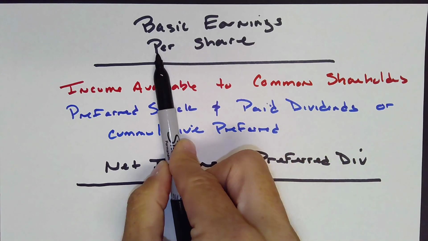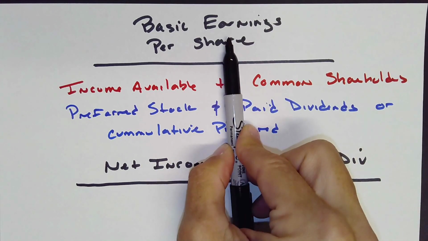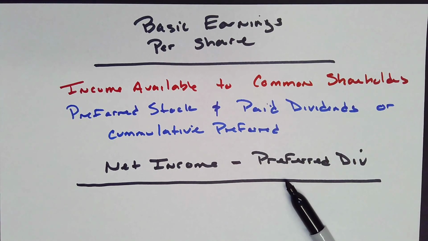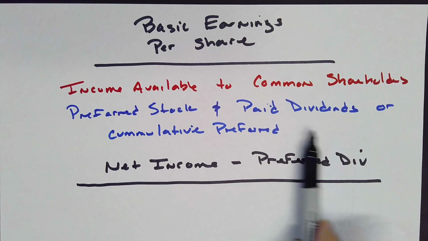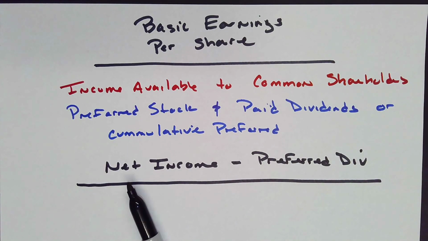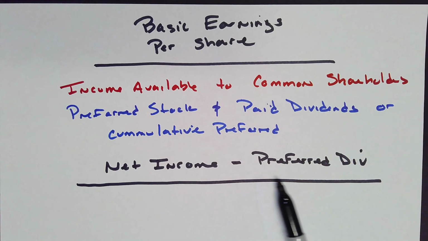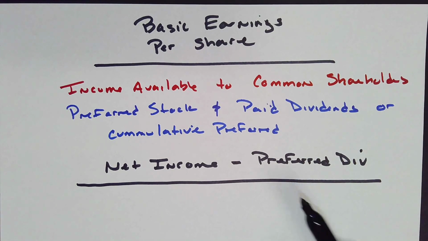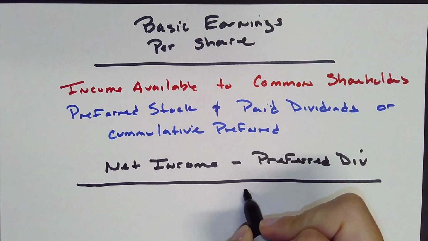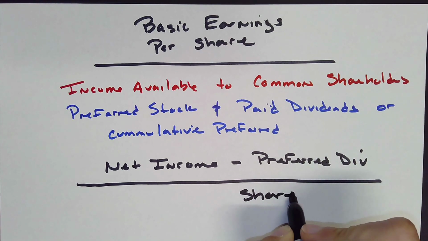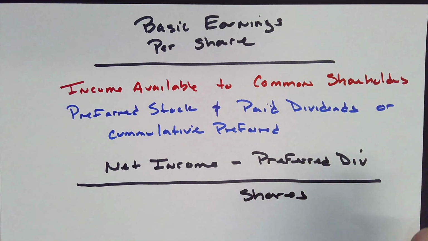This screams out earnings divided by shares. So this is the earnings in the numerator. We can guess what goes in the denominator: shares. But what measure of shares?